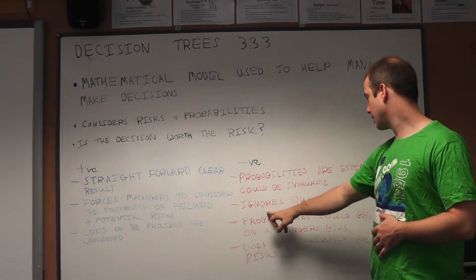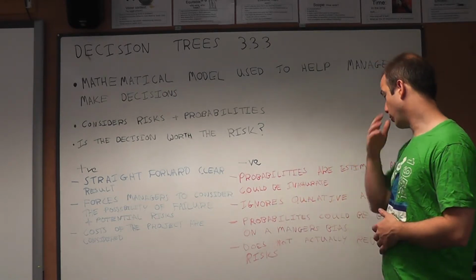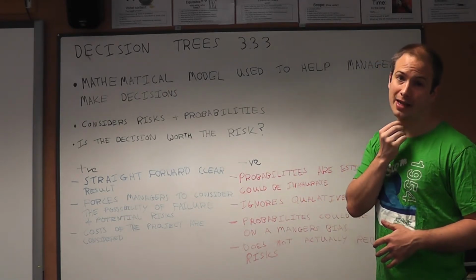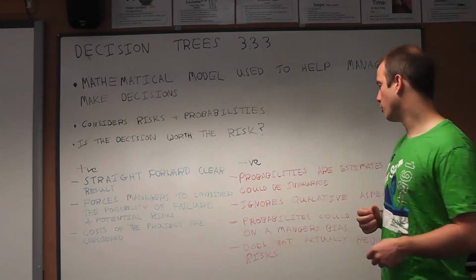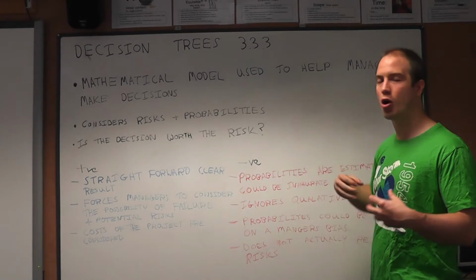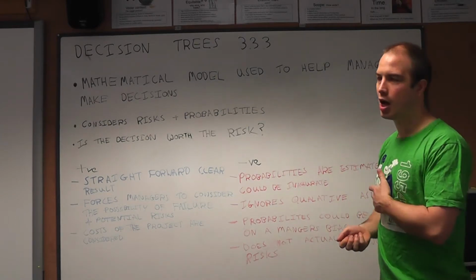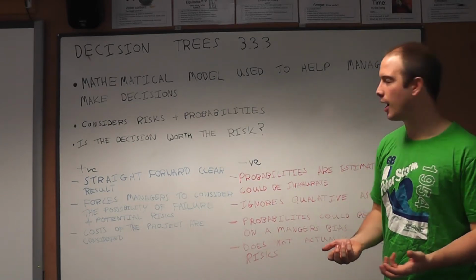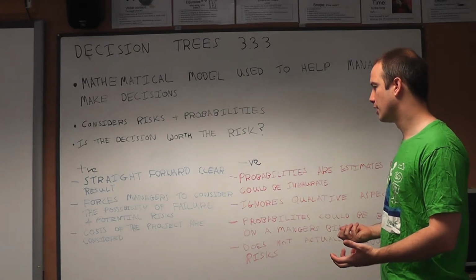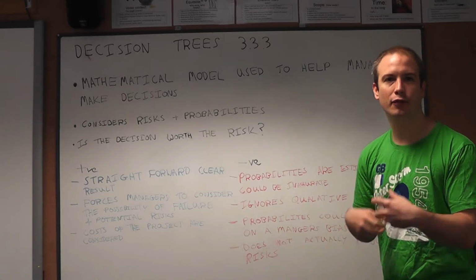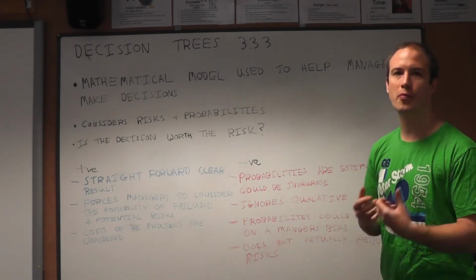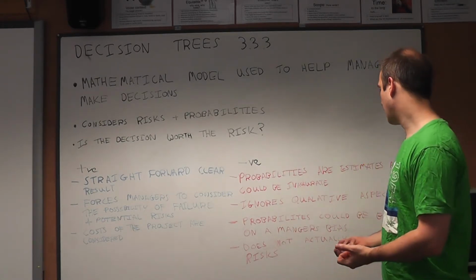Also, this is a very important one, it ignores the qualitative aspects. What we mean by that is a decision tree can only really take into account numerical figures. It's very difficult to measure the success of a campaign before it's actually started, or the probability of success.